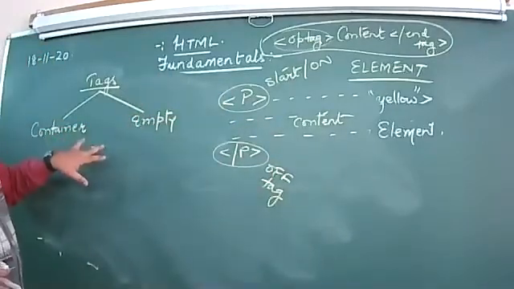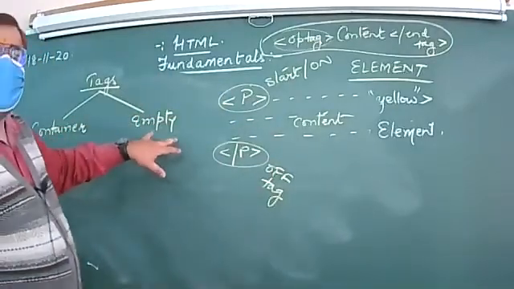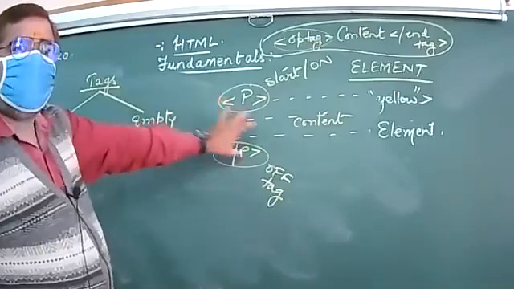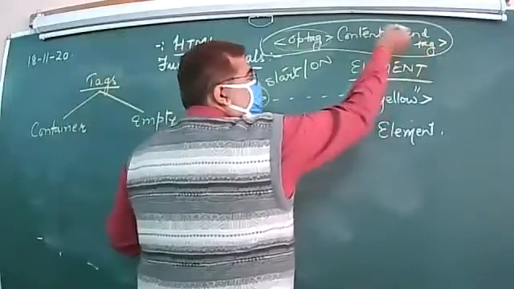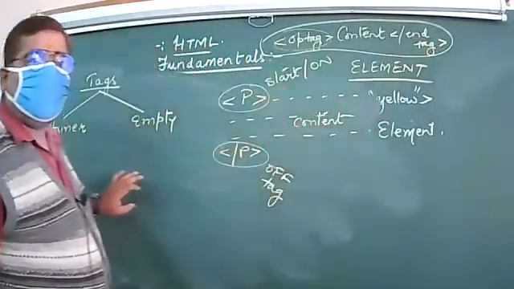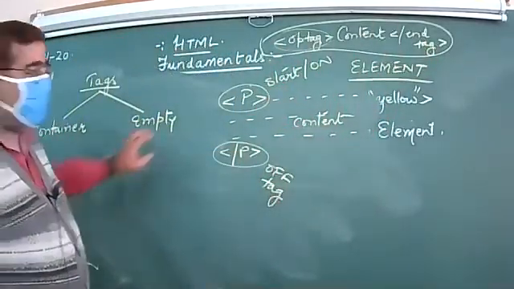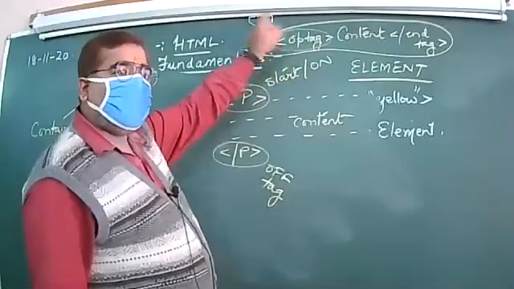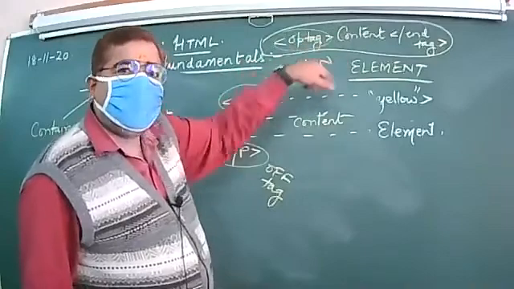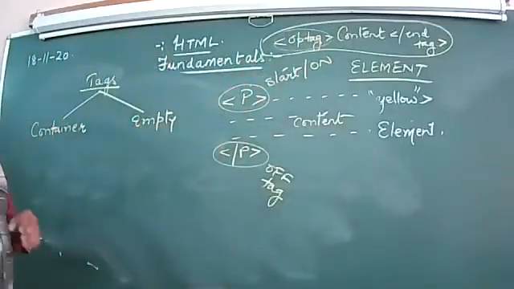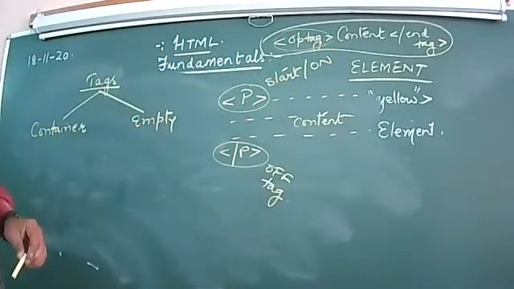H1 is the start tag, cyber ethics is the content, H1 closing is the end tag. So this complete structure is an element. Individually, it is a tag, but in a broader sense, collectively, it is known as an element. Clear?